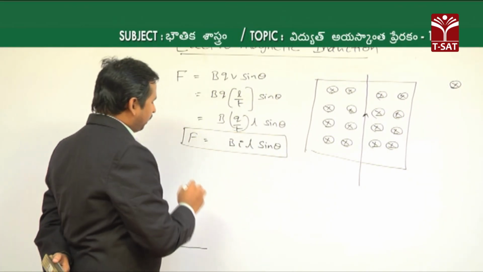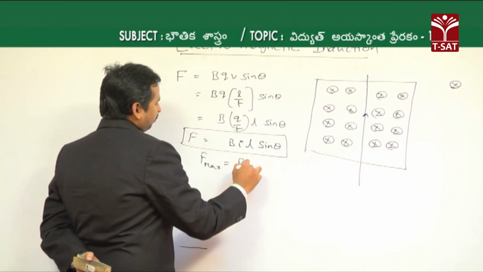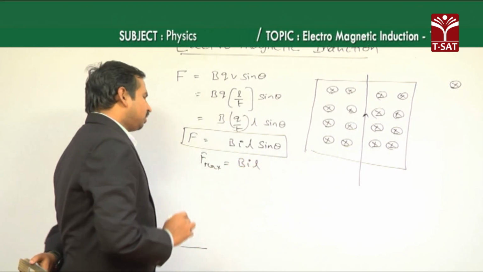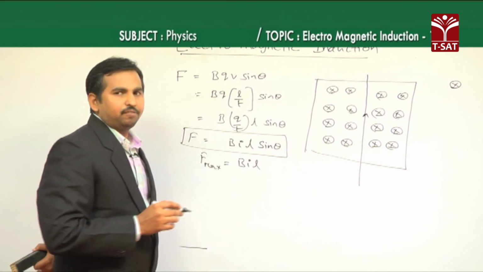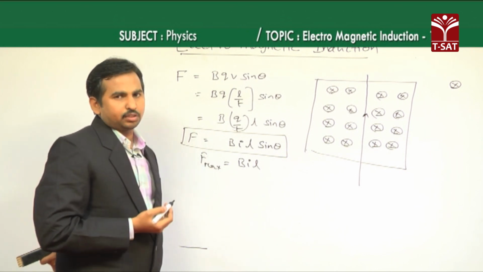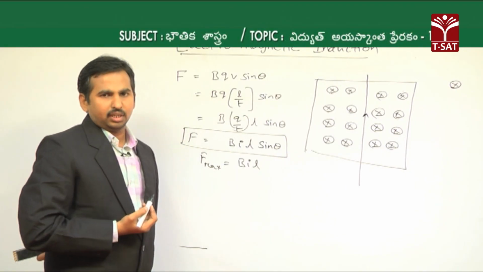Again, as it is perpendicular here, the force acting is maximum, which is F is equal to B into I into L, where B is the magnetic field strength, I is the current passing through the wire and L is the length of the wire we are taking.